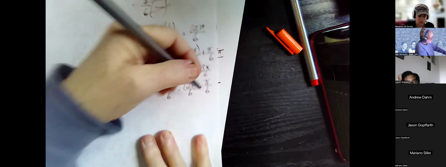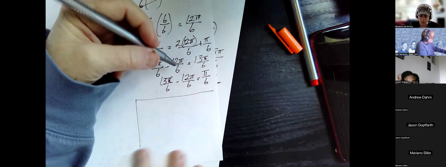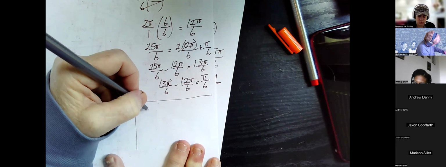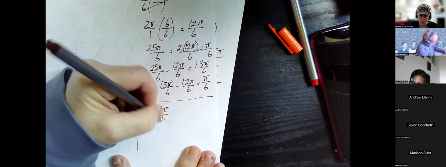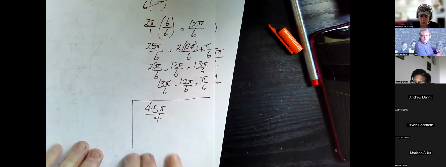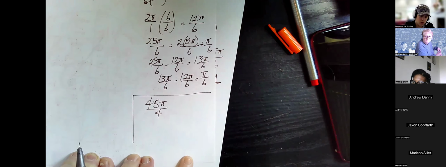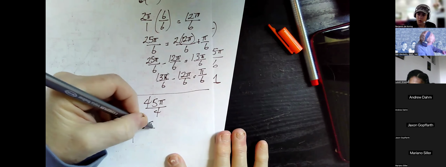What do we add or subtract to locate a pi over 4 angle? So what if we had 45 pi over 4? Which quadrant does that land in? Well, we would do it by 8 pi over 4.